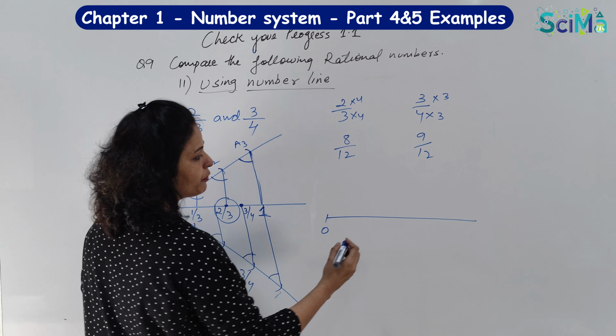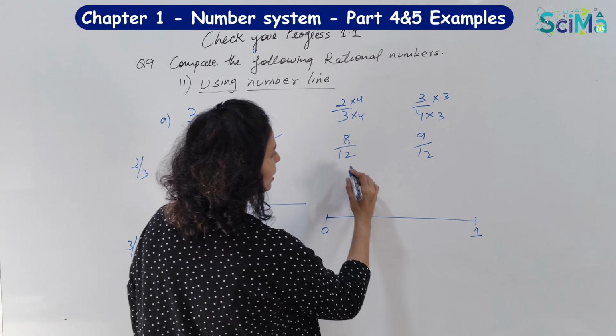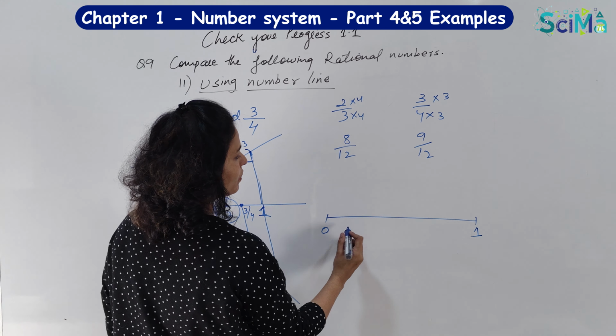It is a proper fraction, so from 0 to 1, divide into 12 equal parts. 1, 2, 3, 4, 5, 6, 7, 8, 9, 10, 11, 12. So here you will get 0 by 12, 1 by 12, 2 by 12, 3 by 12, 4 by 12, 5 by 12, 6 by 12, 7 by 12, 8 by 12, 9 by 12, 10 by 12, 11 by 12.